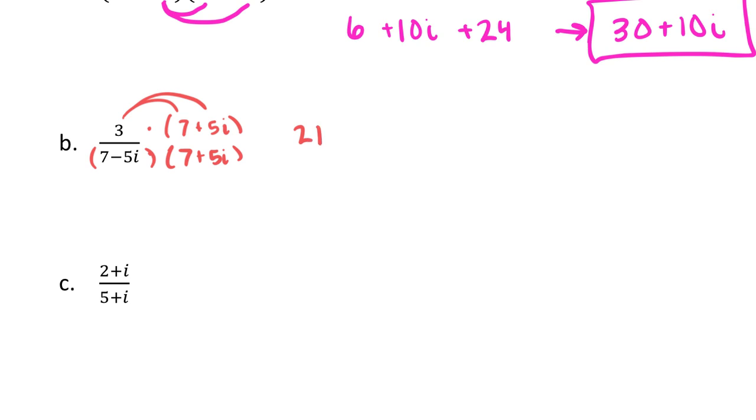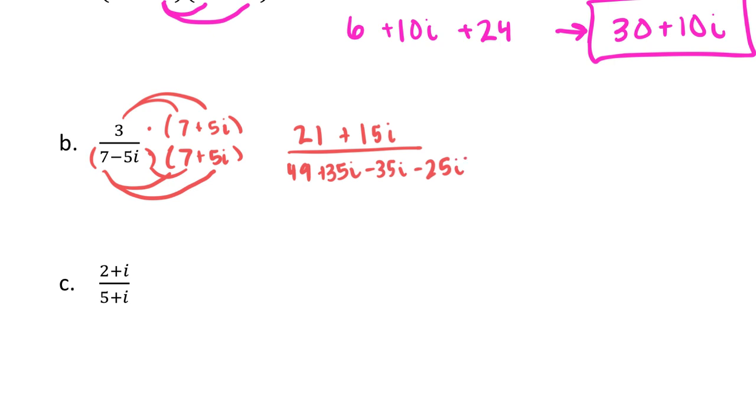That gives us 21 plus 15i. And in the denominator, it's 35 plus, no, sorry, that is not 35. Let me fix that. It is 49 plus 35i minus 35i minus 25i squared.